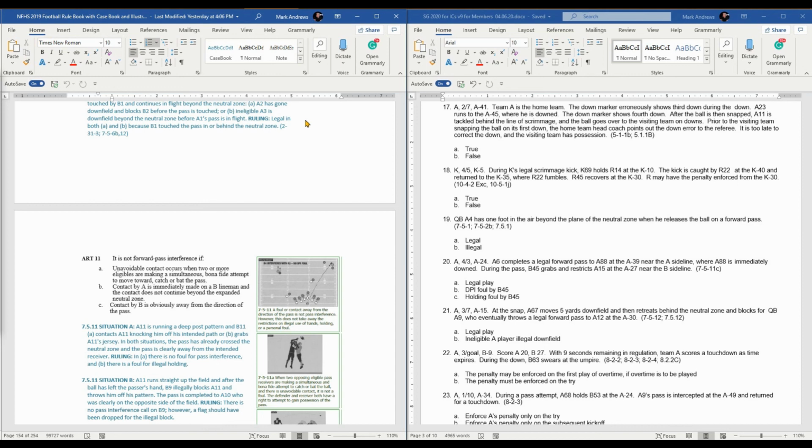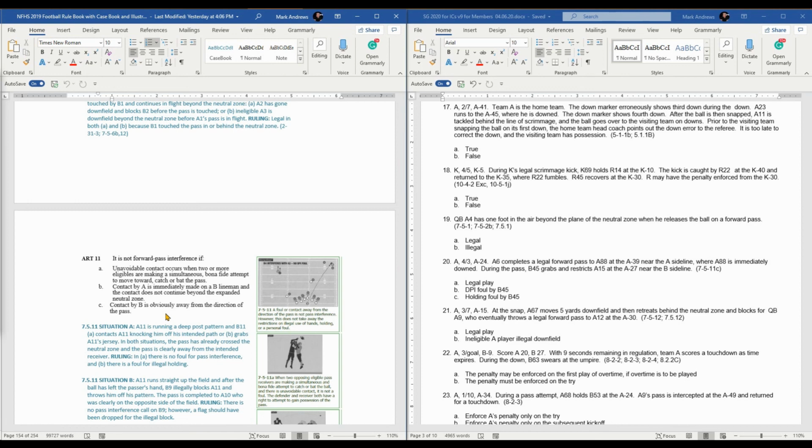So, the rule reference is 7-5-1-1-C. It is not forward pass interference if contact by B is obviously away from the direction of the pass. Okay, so that's a good philosophical thing to take on.